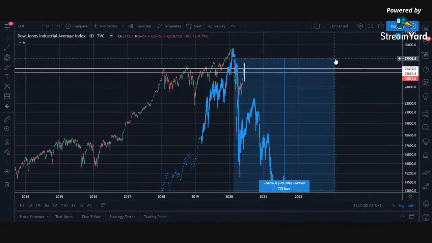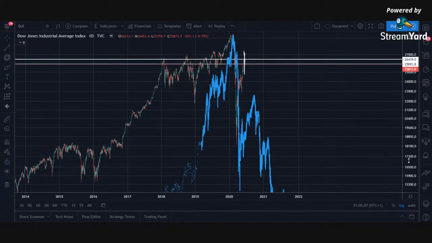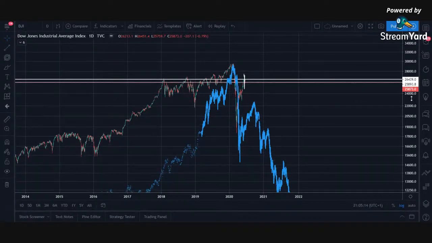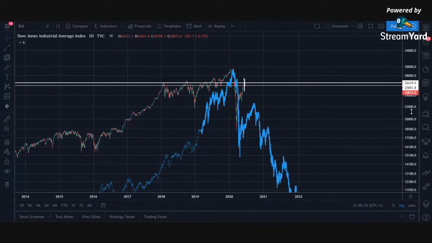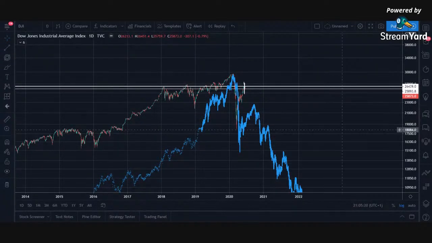Let me just make the measures again. So we already topped out. It took actually a little bit longer. The top should be made at around 28th of September, but we already topped out.